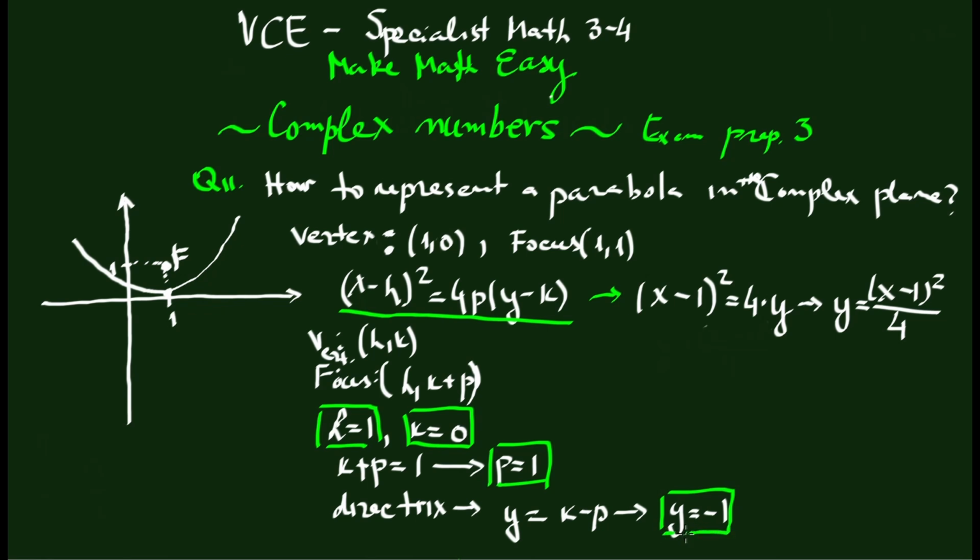So the definition of the parabola is the set of points equidistant from the directrix and the focus. So if that's minus 1 here, let's get our directrix here. That's y equals minus 1. So what is that set of points? This set of points here represents our z, the locus of points.